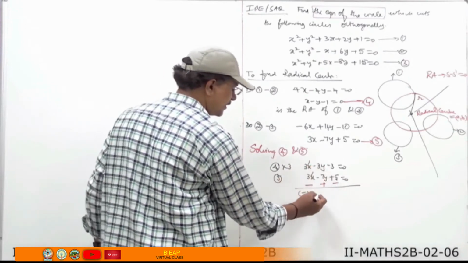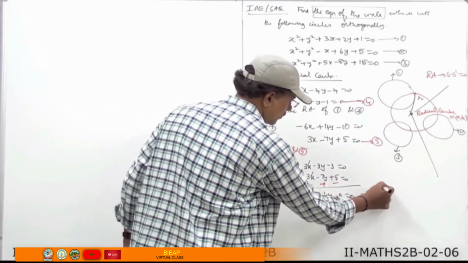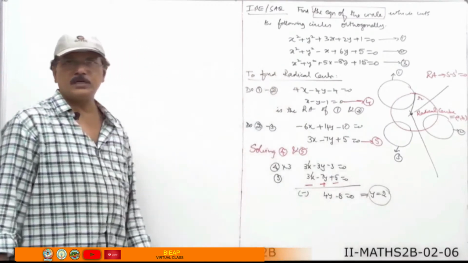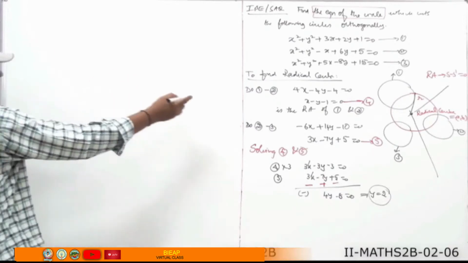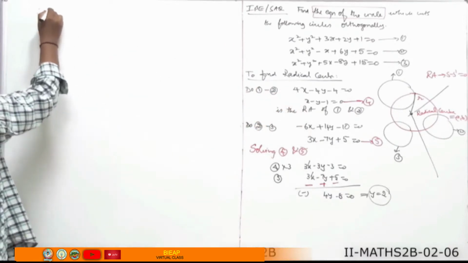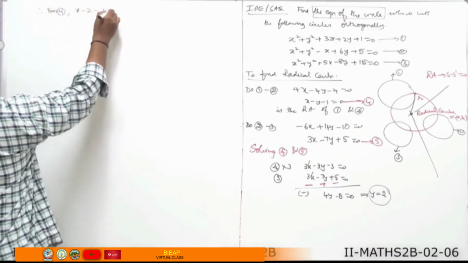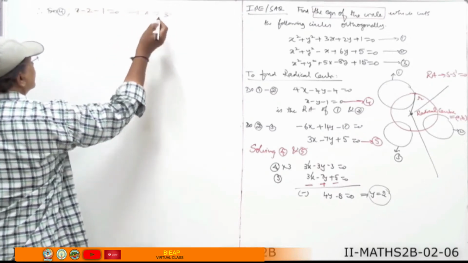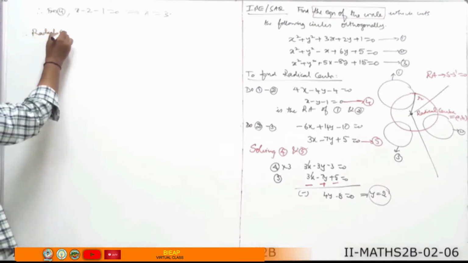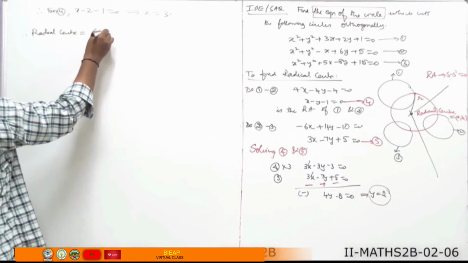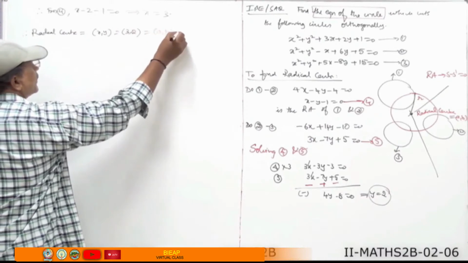Therefore, minus 3y plus 7y, that is 4y, minus 8 equal to 0. Therefore, y is equal to 2. After finding y equal to 2, put the y value in equation 4. From 4, x minus 2 minus 1 equal to 0, that is x is equal to 3. Therefore, the radical center is x comma y, that is 3 comma 2. I call it a comma b.